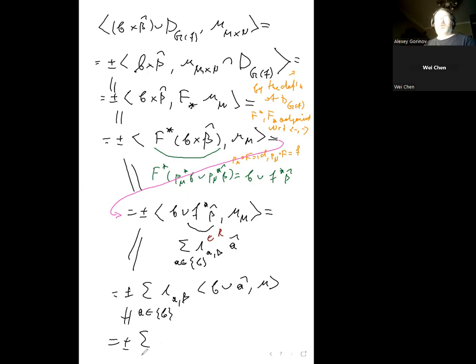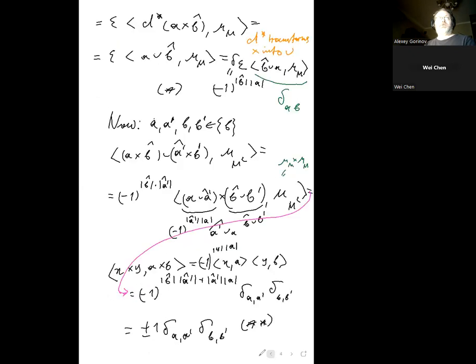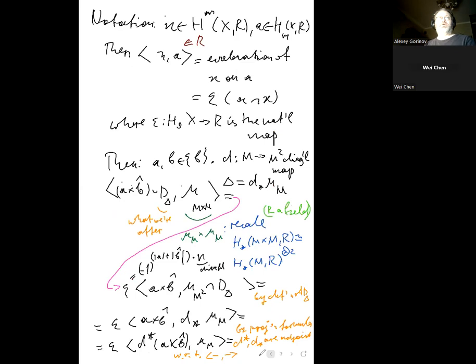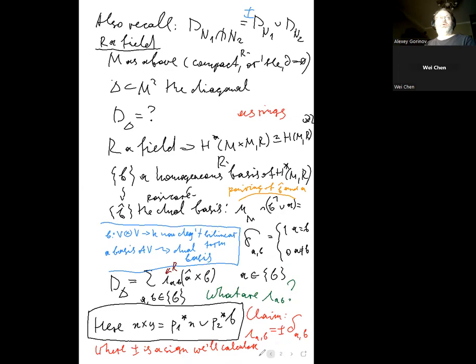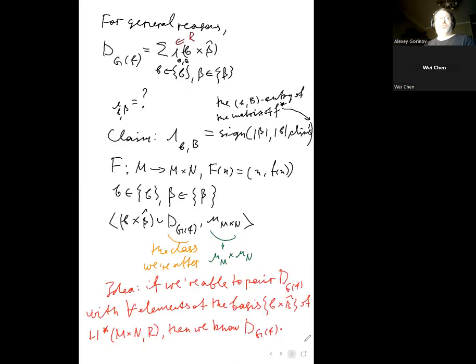Now let's recall the definition of the pairing. It was on page 1. So we need to take the roof first, and here the roof comes second.